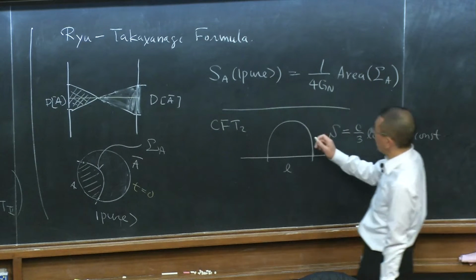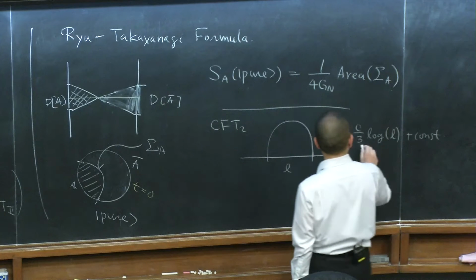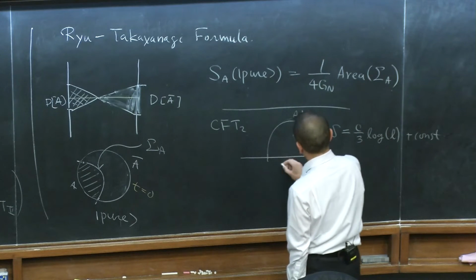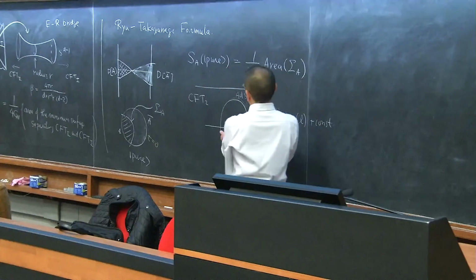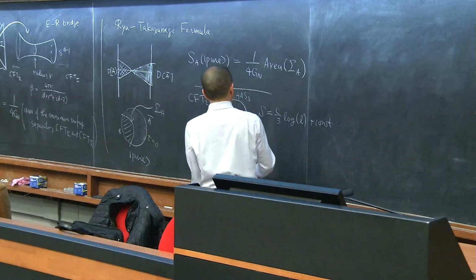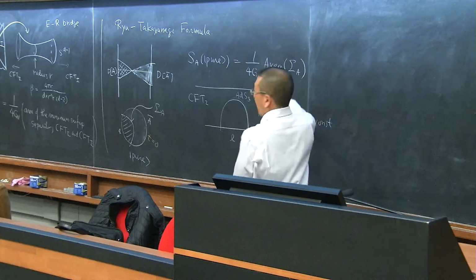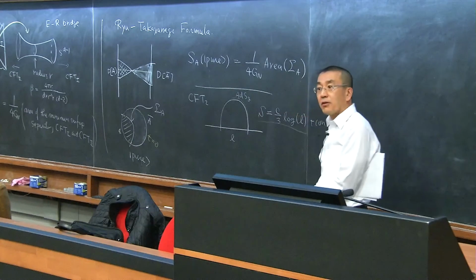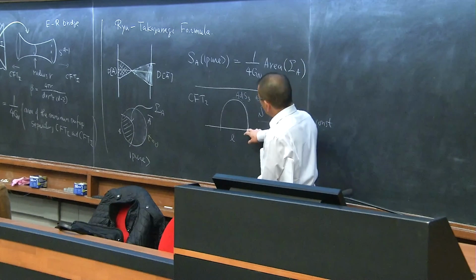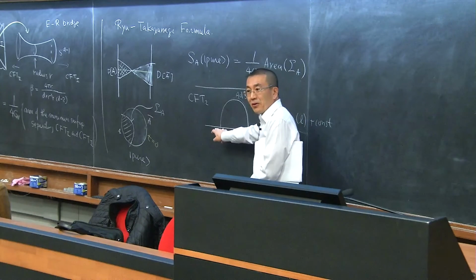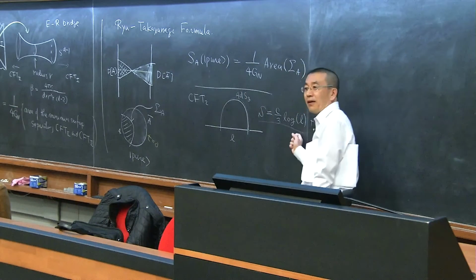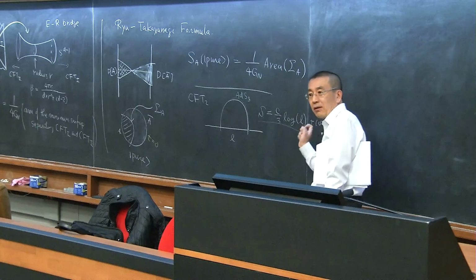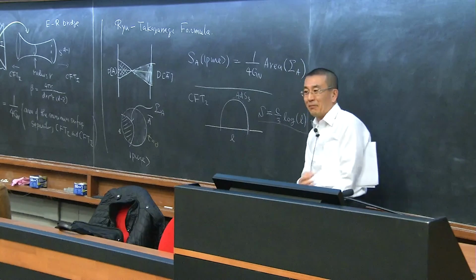And you can show that if you consider pure AdS3, so this is for the vacuum state, and then if you consider a minimal surface ending on the region with length L, and you evaluate the area and divide by 4G Newton and translate that into conformal field theory language, this is exactly reproduced. This is a hyperbolic space, so the metric actually diverges near the boundary, so you have to introduce some regularization, which is related to the fact that on this side you also have to introduce ultraviolet regularization, which affects this constant piece. So this ambiguity also matches up in that sense.